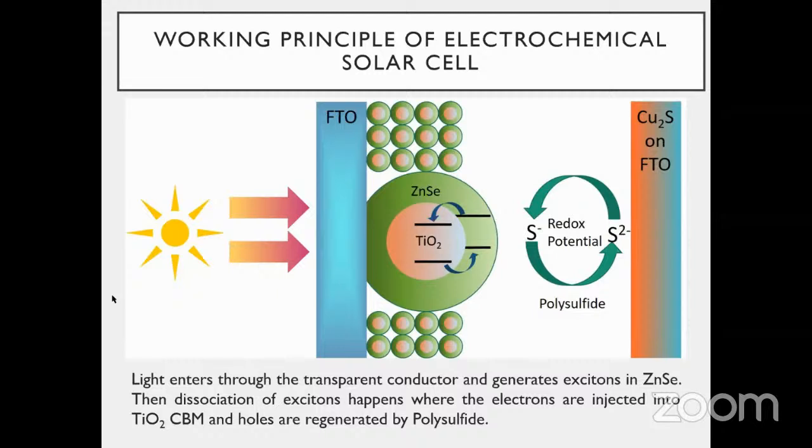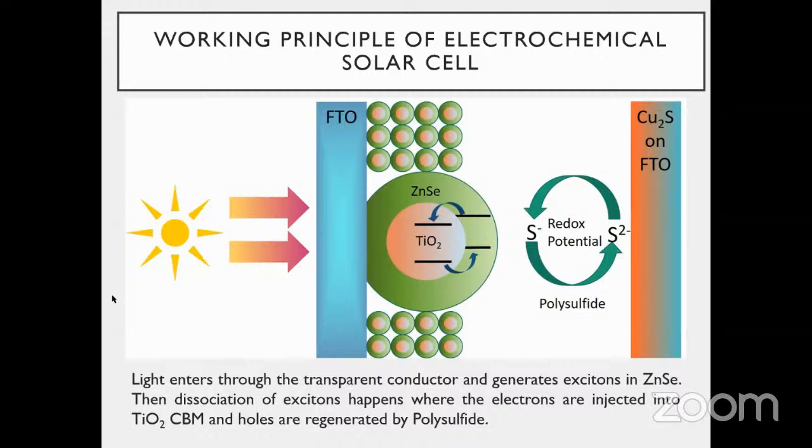When we illuminate the zinc selenide TiO2 core-shell particles, the exciton generation happens in zinc selenide, and the electrons are transferred to the TiO2. The TiO2, by diffusion, transfers the electrons to the FTO, and the zinc selenide transfers the holes to the polysulfide, by which it is regenerated.